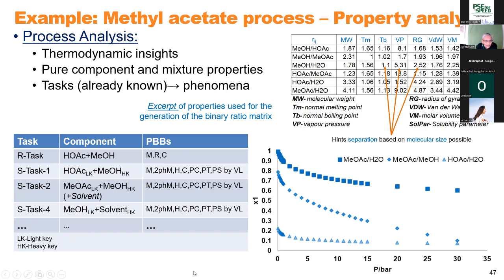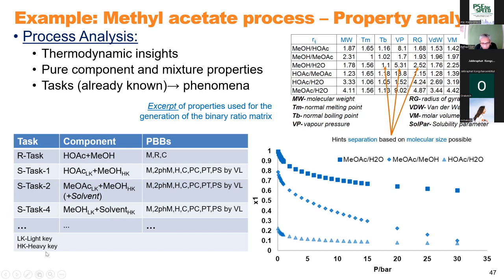So then the tasks we have is we have a reaction task, that is acetic acid and methanol reacting. Then we have a separation task. We want to separate acetic acid methanol. We want to separate methyl acetate methanol. We want to separate methanol solvent if you add a solvent. And there are many more separation tasks if we look at the original.